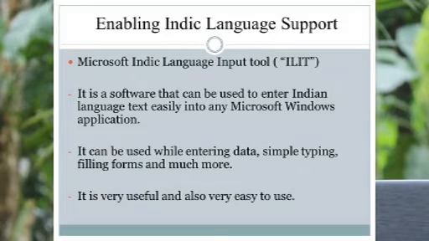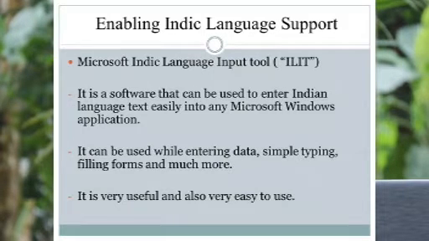You just need to type in English and it will convert into the respective language. For example, if you are typing a text in English and you want to convert it into Malayalam or Hindi, you can easily convert with the help of the Microsoft INTIC language input tool. Short form is ILIT.